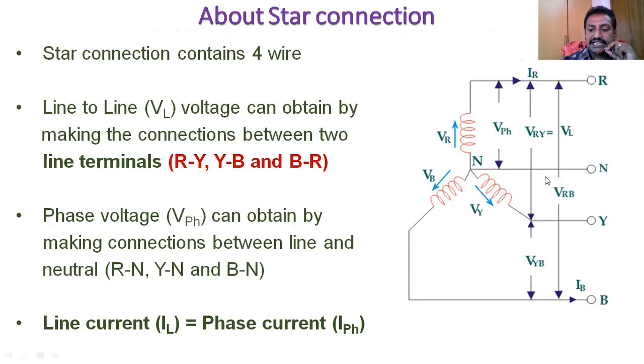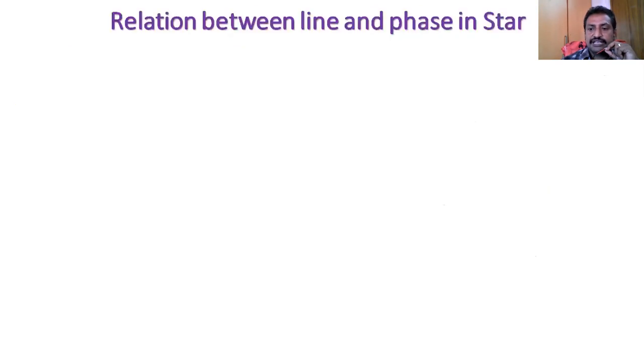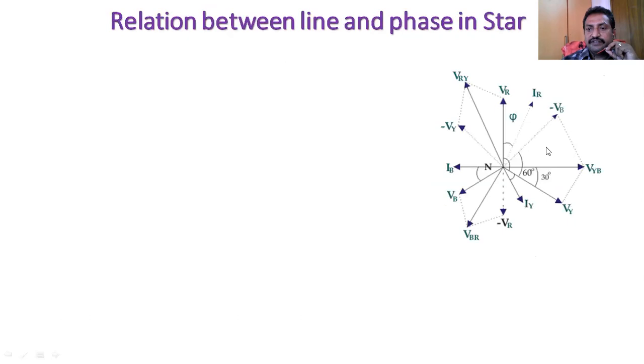VBR lags by an angle 240 degrees. So here, VR or VRN is the reference phasor. VYN is the phase voltage, lags by an angle 120 degrees, and VBN lags another 120 degrees behind the Y phasor. So like this.